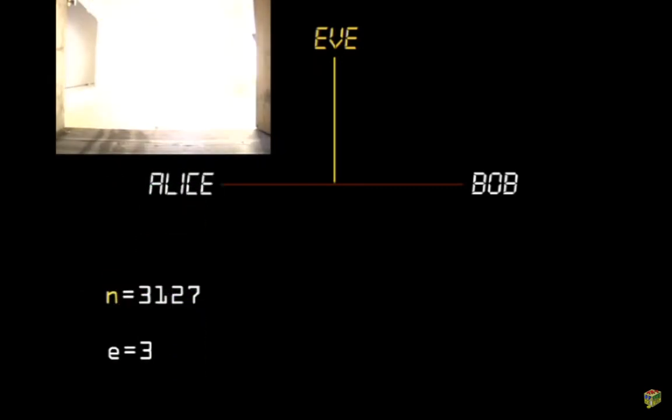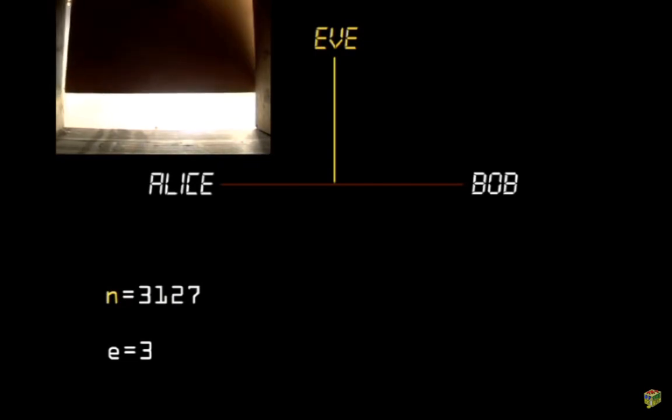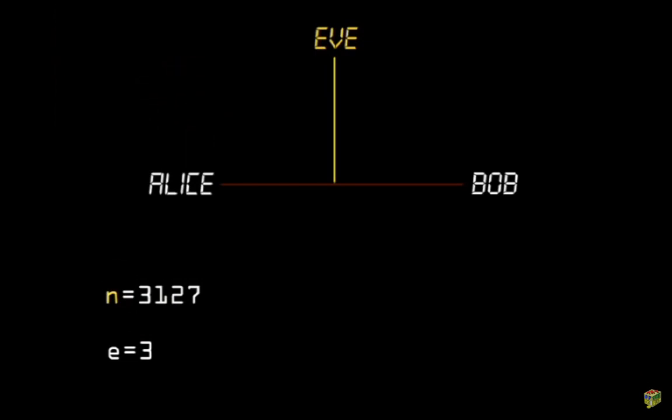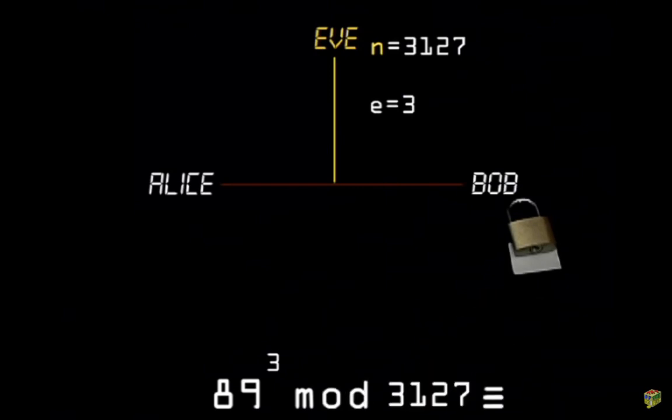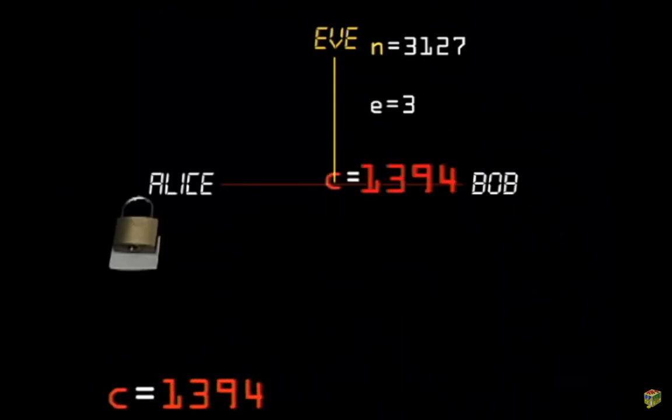Now, she hides everything except the value of n and e, because n and e make up her public key. Think of it as an open lock. She sends this to Bob to lock his message with. Bob locks his message by calculating m to the power of e mod n. Call this C, his encrypted message, which he sends back to Alice.